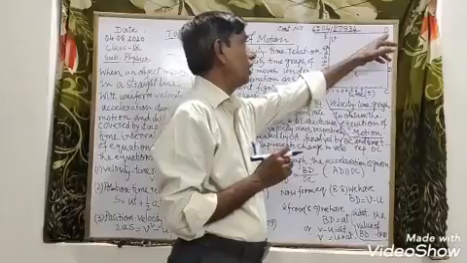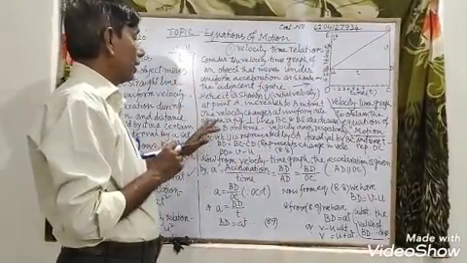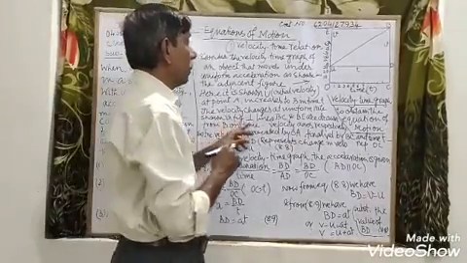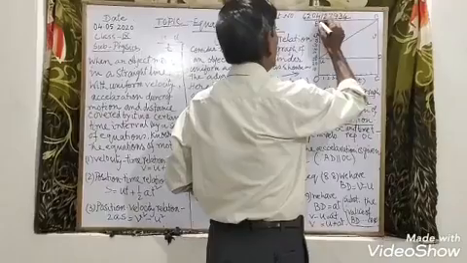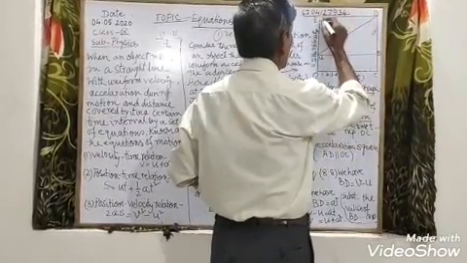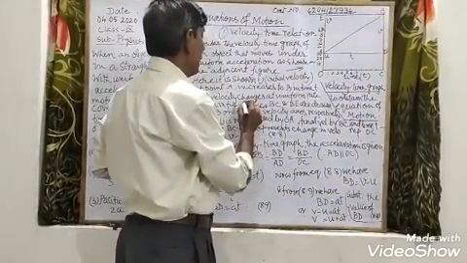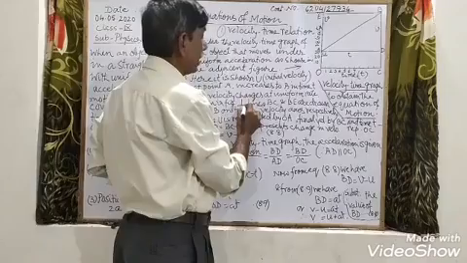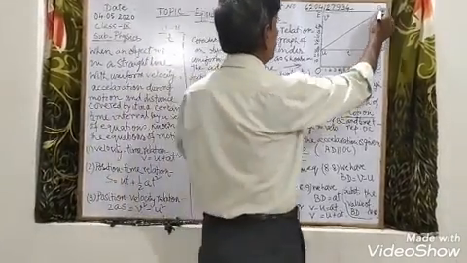It takes time t to reach B, and from B you can see that perpendiculars are drawn: one from B on E and another from B to C. Perpendicular lines BC and BE are drawn.